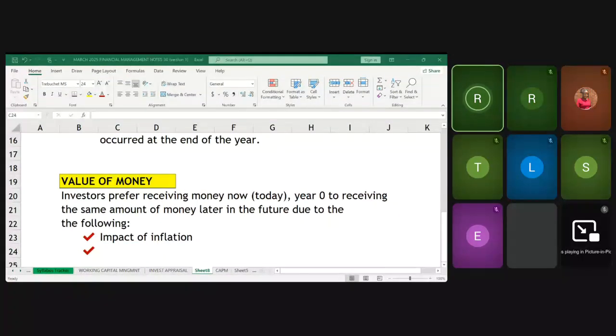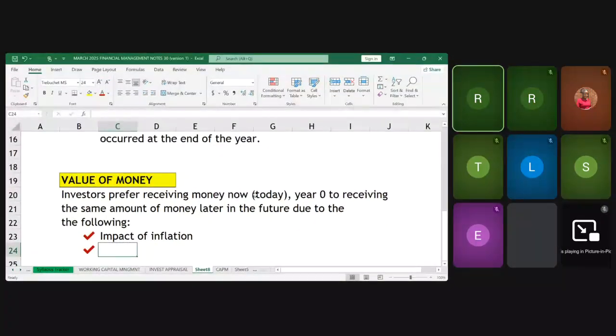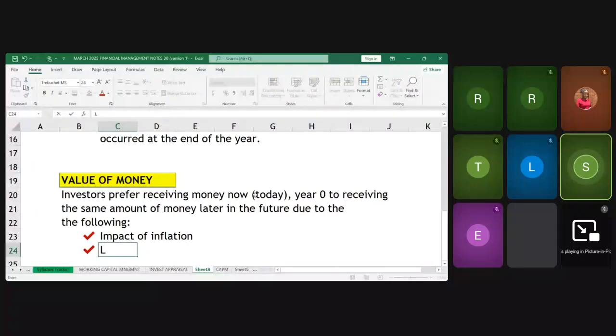Another reason, consumption preference. Thank you.